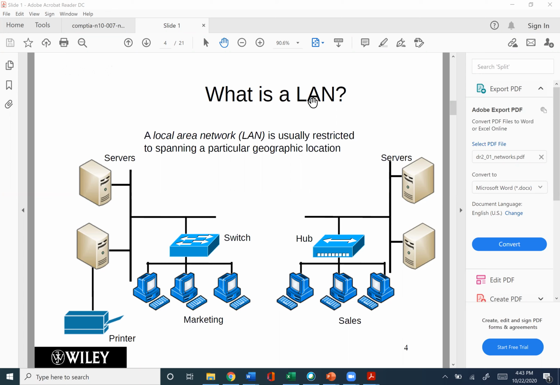Every local area network is defined by a router. Use that router as a guidance, or as a tool, to be able to define what's a local area network versus what we call a WAN, or, as we're going to see, what's a PAN and things like that.